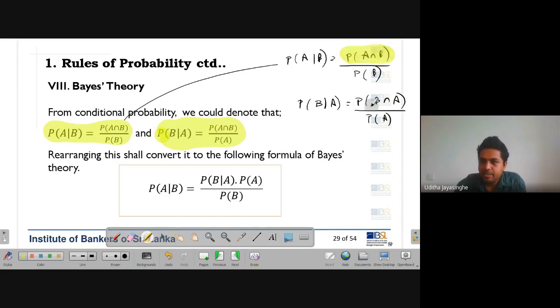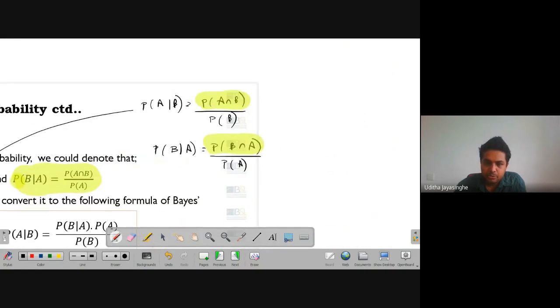These two events, although they are written in two different ways, you can comfortably interchange these two letters. Isn't that so, students? Probability of A intersection B is the exact same thing as the probability of B intersection A. So you can replace this with the same wording.